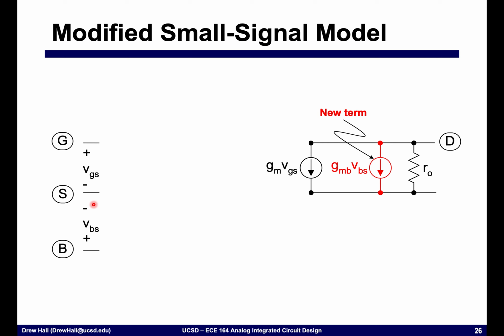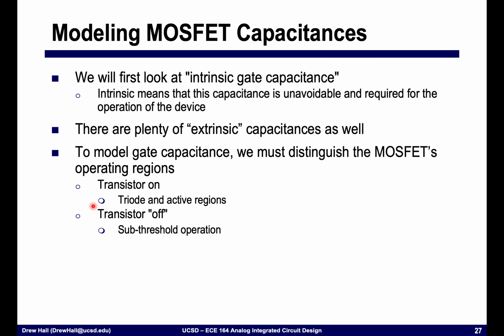All right, so now we're going to switch gears and talk a little bit about some of the capacitances that we have in these devices. We're going to divide the capacitances up into two categories, what are known as the intrinsic capacitances and the extrinsic capacitances. The intrinsic capacitances are fundamental to how the device operates, and they are independent of how we would make the device.